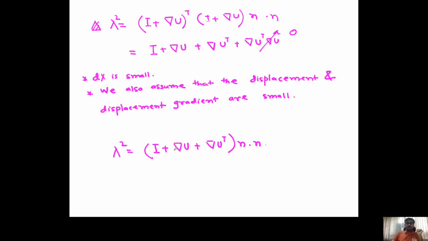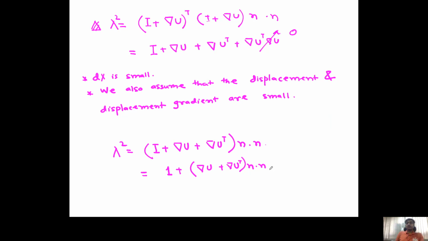Now, if I have to write it further, this I n dot n, n is a unit vector, so that will become 1. And then what do we have? Gradient of u plus gradient of u transpose n dot n. Right? That is what we have.